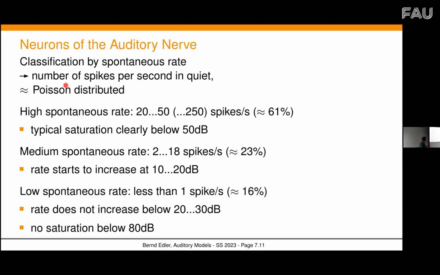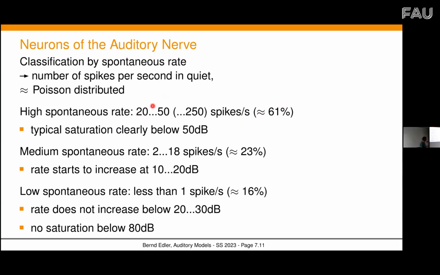And there are some neurons which have a relatively high spontaneous rate, normally between 20 and 50 spikes per second. In the auditory nerve of those afferent neurons, about 60% are of high spontaneous rate.